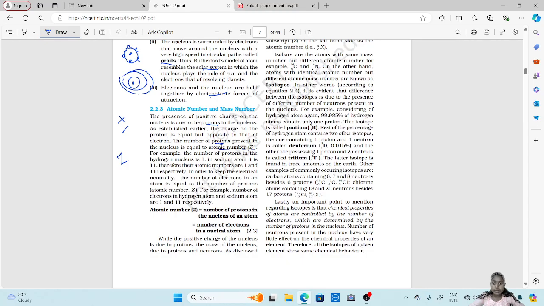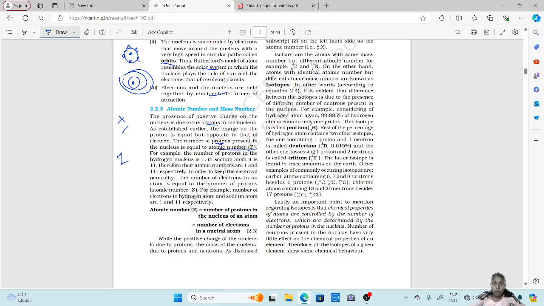In a sodium atom, it is 11. Why 11? Sodium carries 11 protons, that's why its atomic number is 11. Therefore, their atomic numbers are 1 and 11 respectively because they carry 1 and 11 protons.